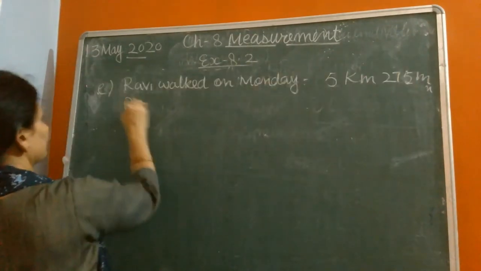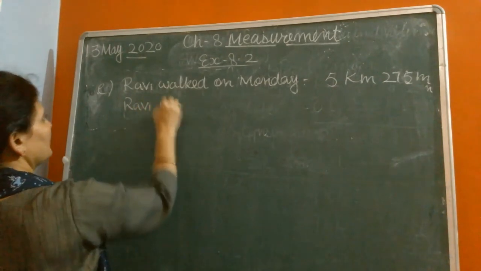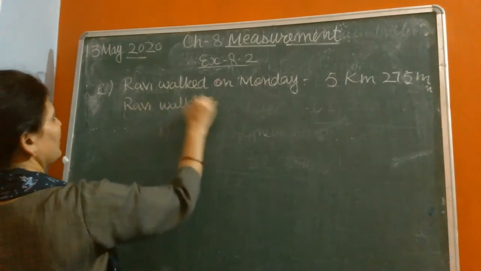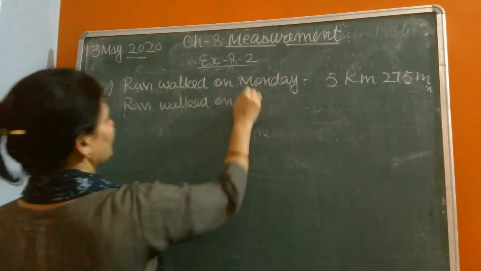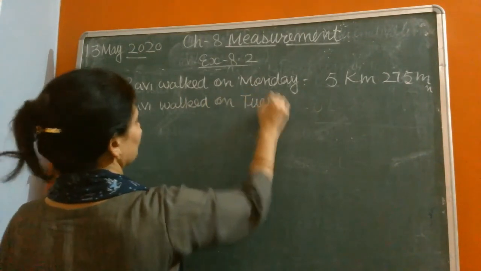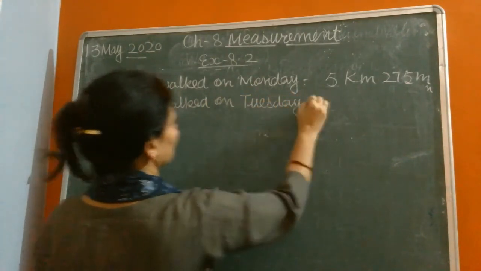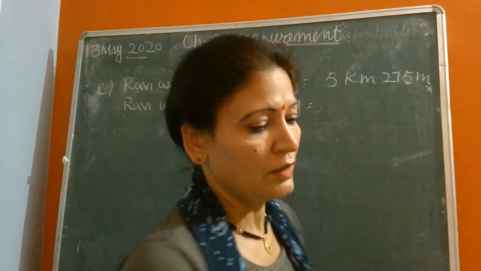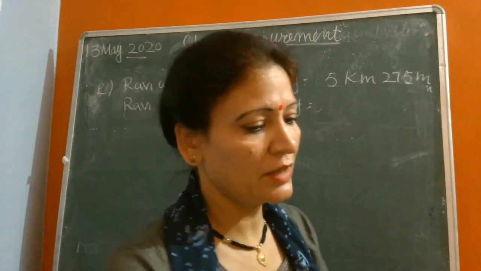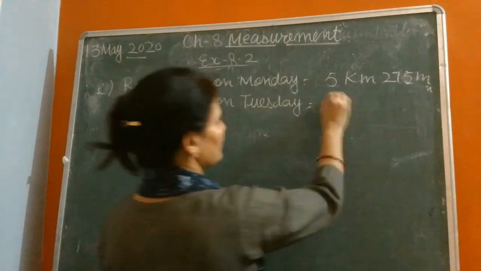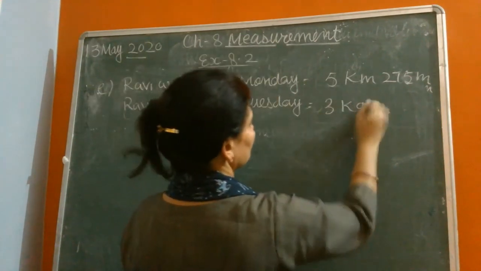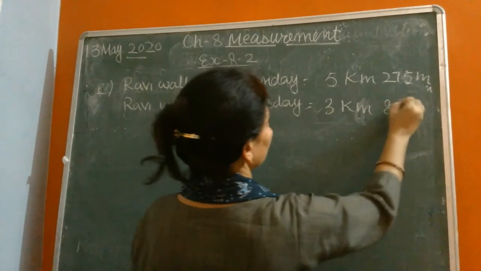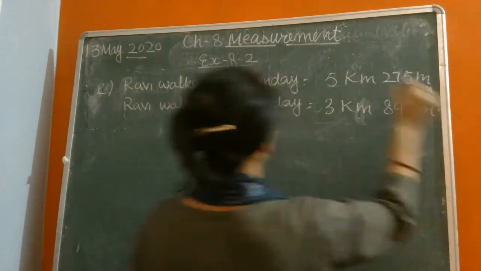Ravi walked on Tuesday 3 kilometer 890 meter.